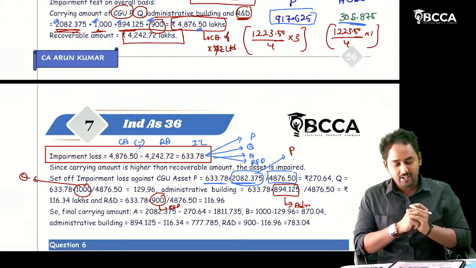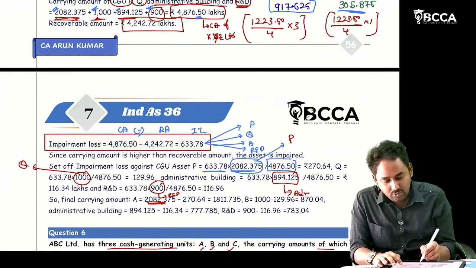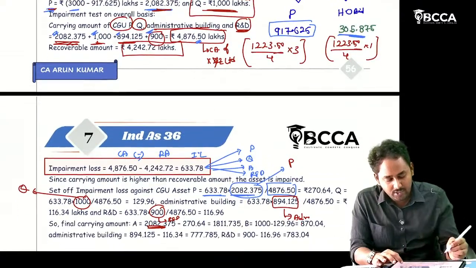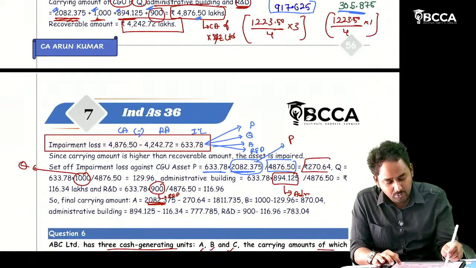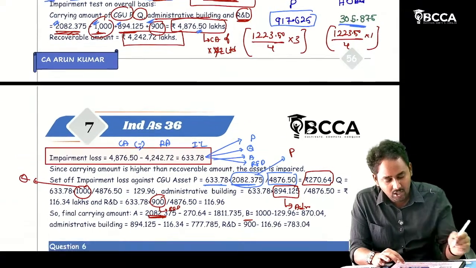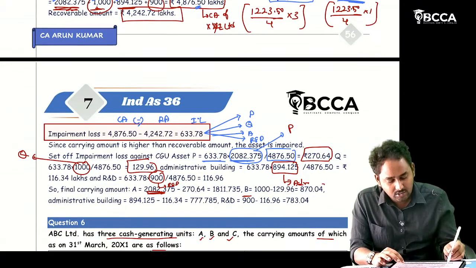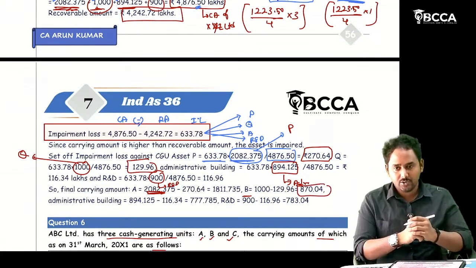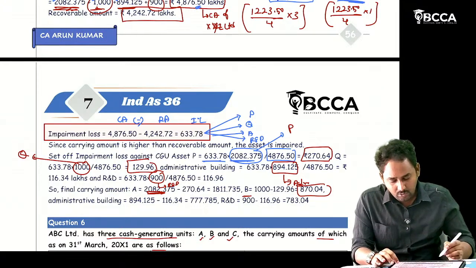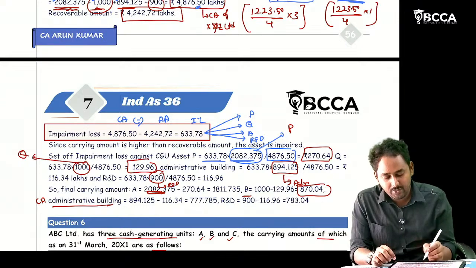So what are the final carrying amounts? For A, it is 2082 minus impairment loss of 270.64. And for B, originally it is 1000. After the impairment loss of 129.96, I get 870.04. And what is the administrative building carrying amount after impairment loss?